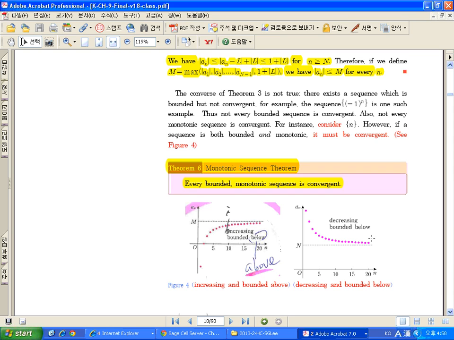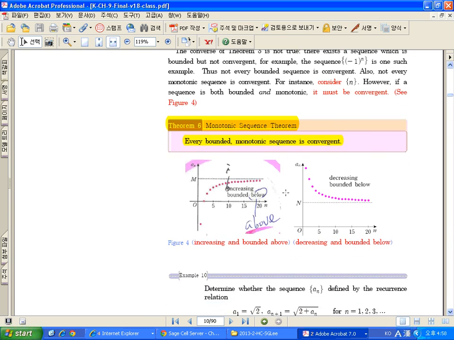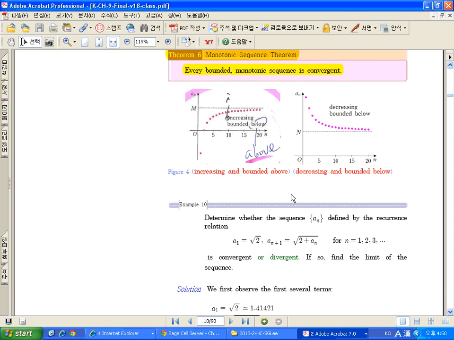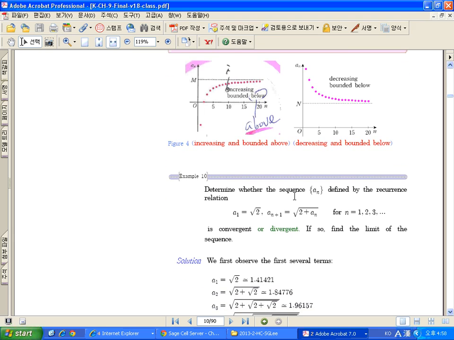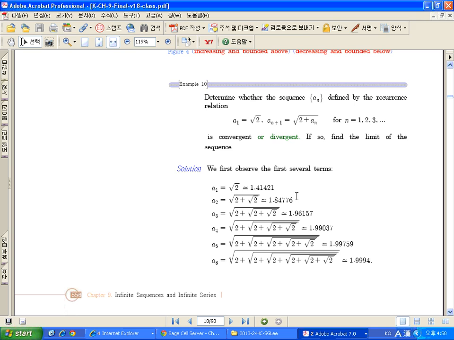So if we use this theorem, we can save a lot of time to check whether a given sequence is convergent or divergent.